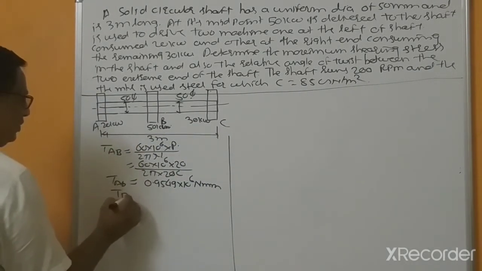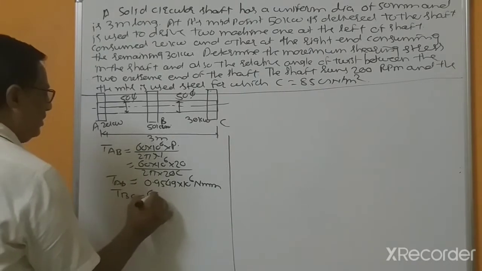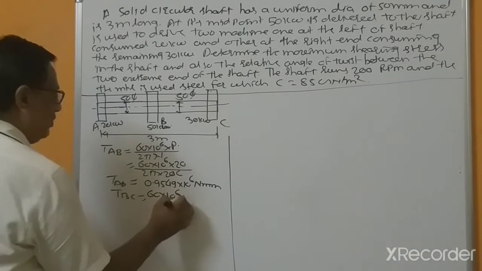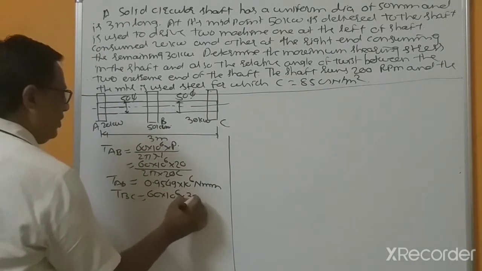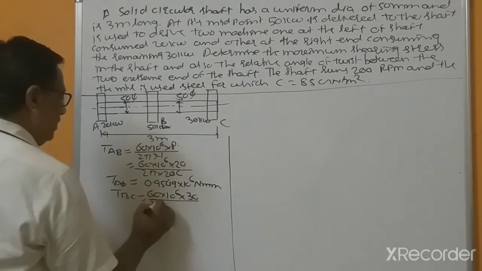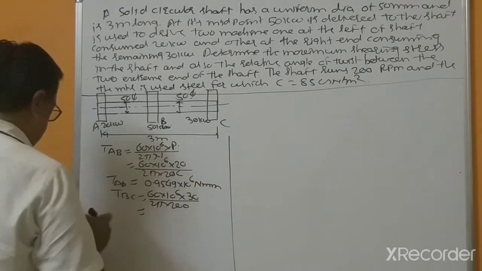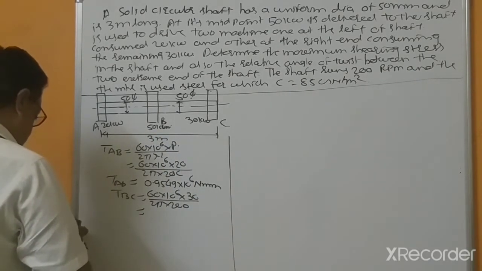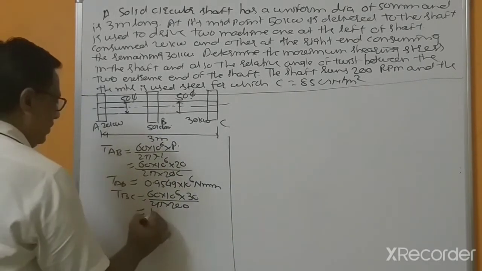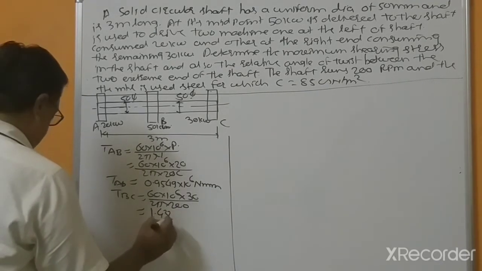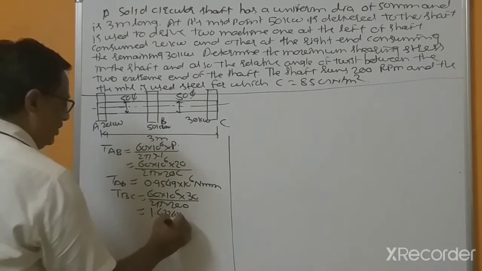Similarly, for BC, 60 into 10 to the power 6 multiplied by 30 divided by 2 pi into 200, so this is multiplied by 1.5, giving 1.4324 into 10 to the power 6 Newton mm.